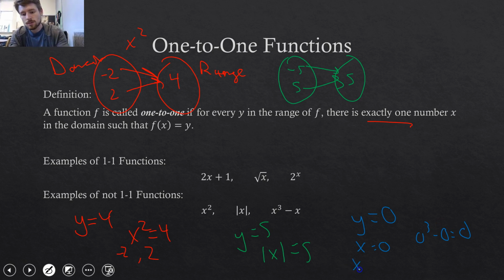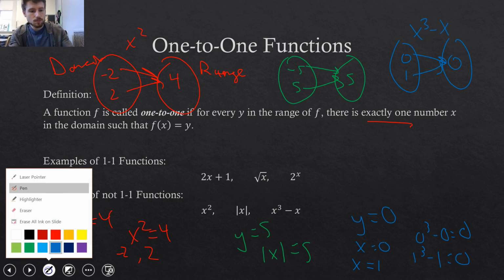And x equals 1 would also be an input that goes to 0 because 1 cubed minus 1 is equal to 0, right? And so in this case, 0 and 1 are both going to the answer 0, and that's not allowed for it to be one-to-one. This is x cubed minus x. The other one was absolute value of x.